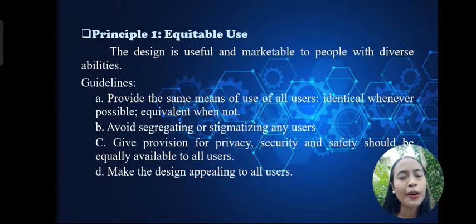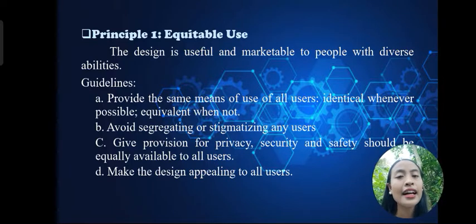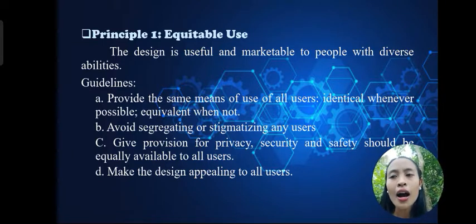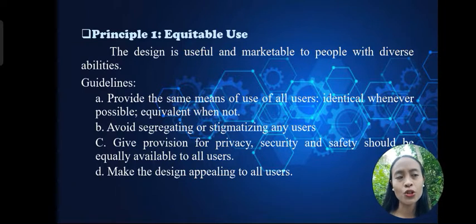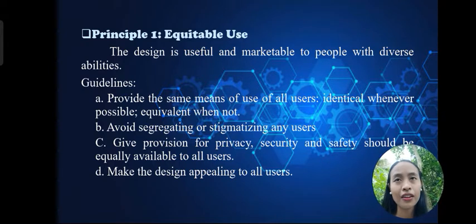By the title of the first principle, equitable use, dapat itong design na gagamitin natin in teaching and educating our students is giving equal utilization sa lahat ng klase ng estudyante, whether their ability is less than the others.